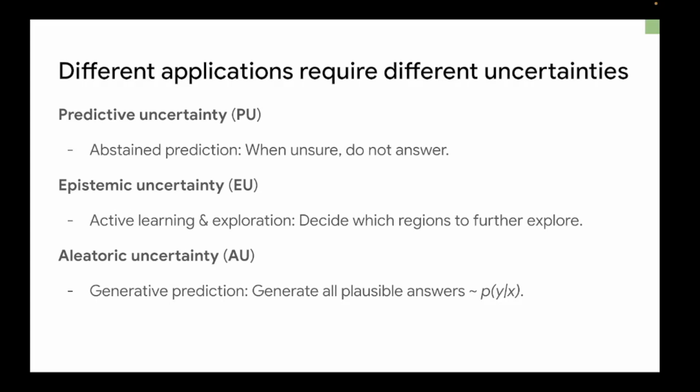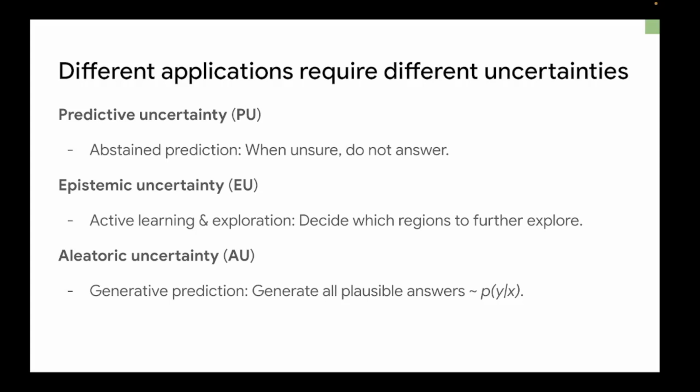Okay. Why do we care about producing different types of uncertainties in the first place? So give me some motivation for doing that. I can give you one application scenario in each case. Predictive uncertainty is used, for example, for abstained prediction. This is really needed a lot in practice when it comes to medical applications.